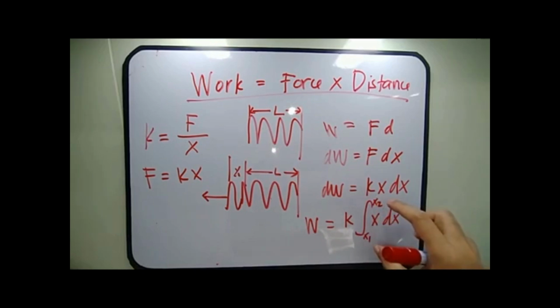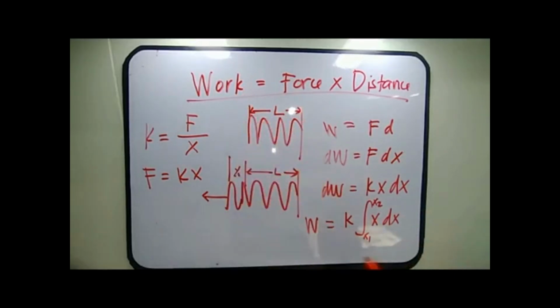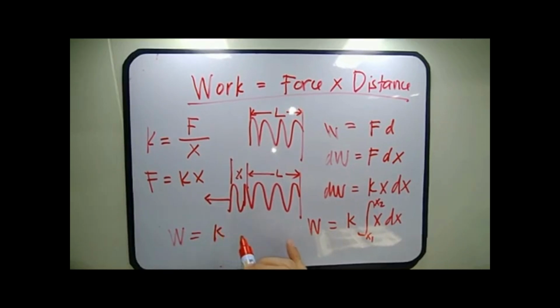Then, our elongation, x1 and x2, the reference point, of course, is the original length. So, we have here work is equal to K, power formula, that is x squared all over 2, from x1 to x2. So, this will be our formula for work done by a spring.